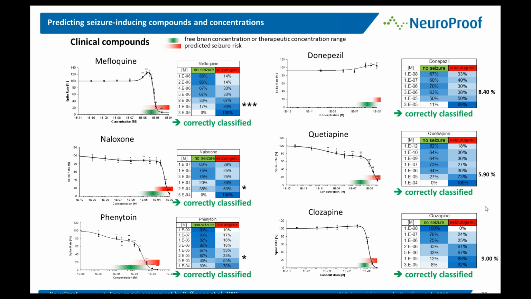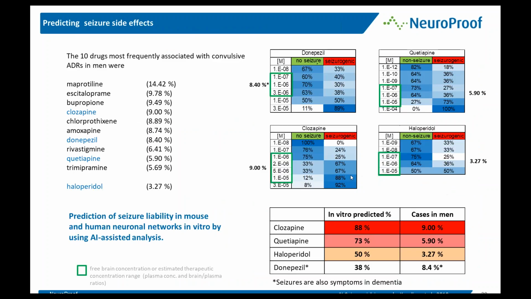So we correctly classify those compounds, and eventually, if we correlate our in vitro prediction with the percent of seizure risk in men, we see an interesting correlation: for instance, clozapine has an 88% predicted in vitro with 9% in men, and it's going down to haloperidol with 50% prediction and 3%.